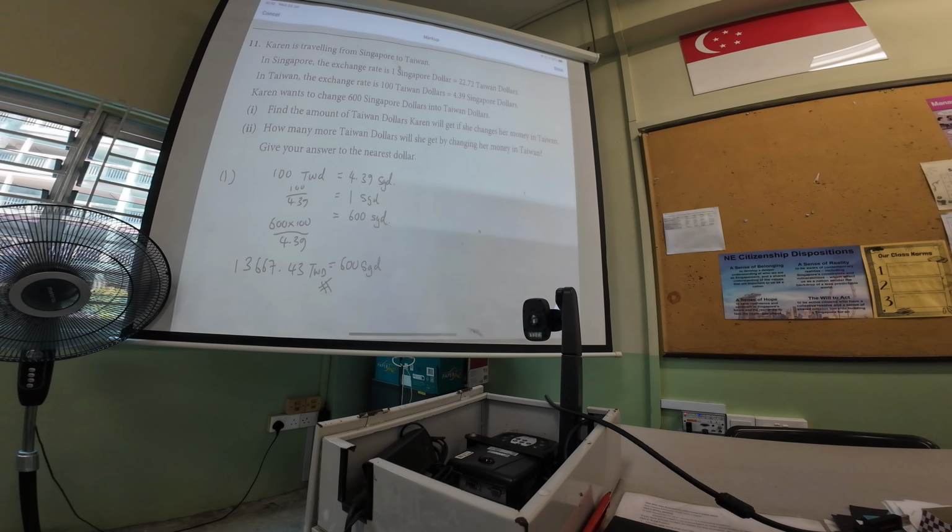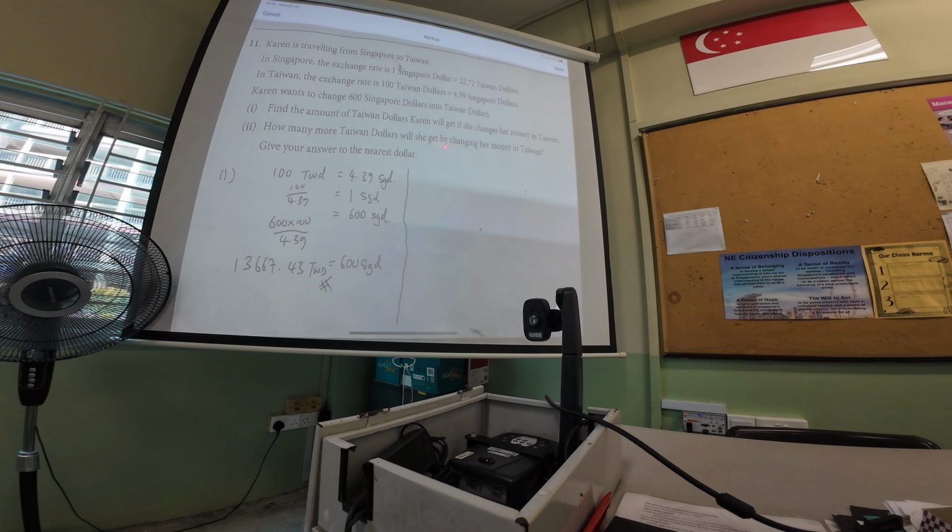So by how they ask the question and their answer key, I suppose they wanted to write this as Singapore, but there's a typo and it became Taiwan. Because from the way they are asking the question, how many more Taiwan dollars will she get by changing her money in Taiwan, they want you to compare, means you must change in Singapore somewhere.